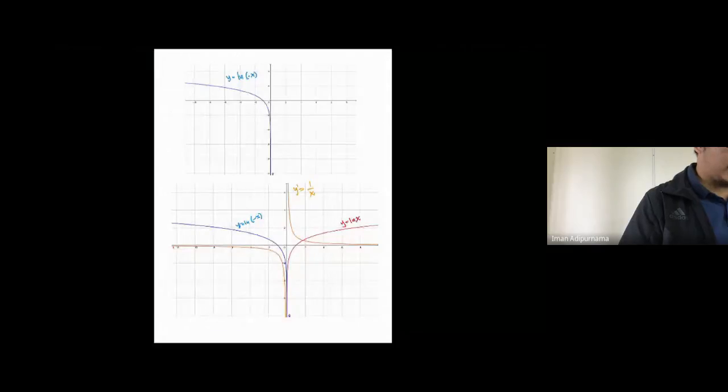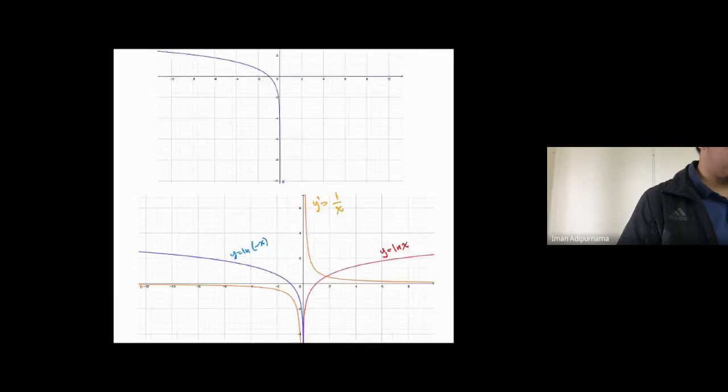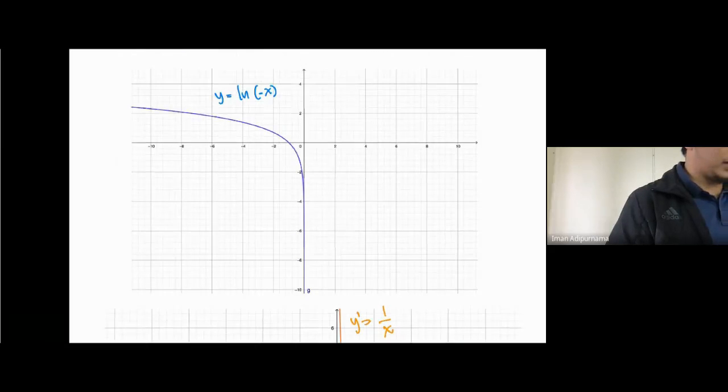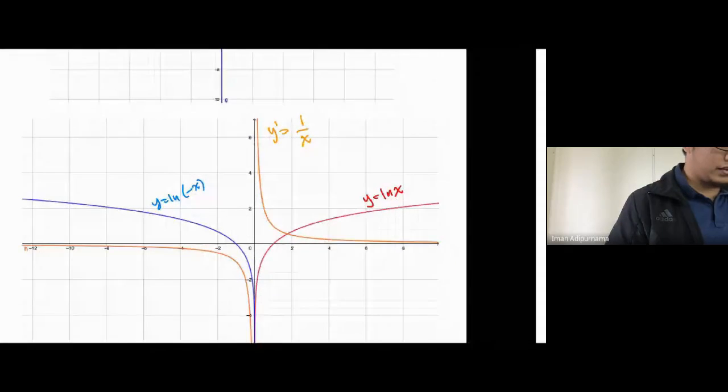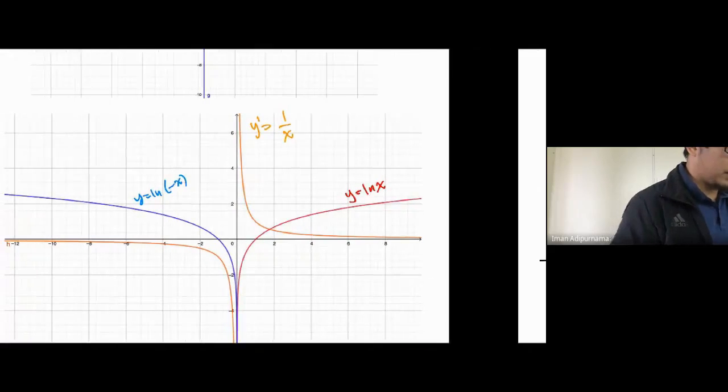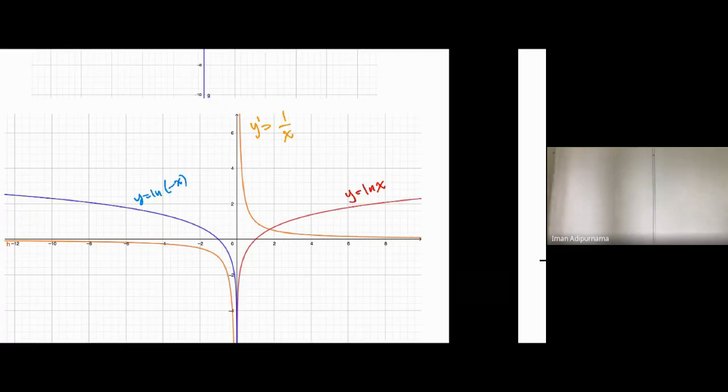And here are some graphs. You see this is the ln(-x). This is ln x. And both have the same derivative.